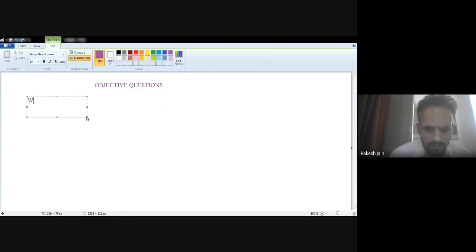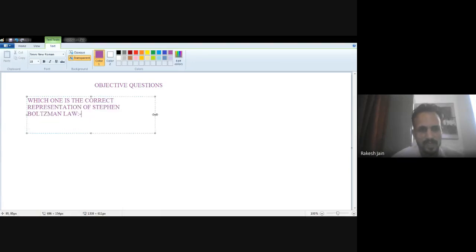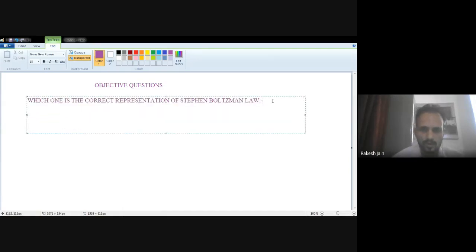Which one is the correct representation of Stefan Boltzmann?